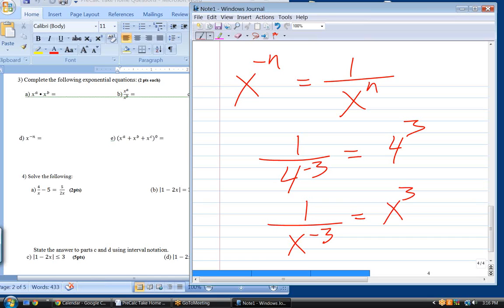And that's an important thing to remember: if you have negative exponents, just move it to the other side of the fraction bar, change the sign, and that's your answer. Got it. Okay.